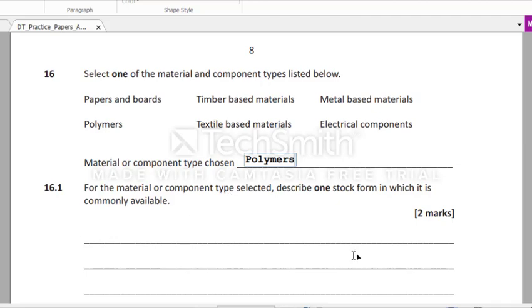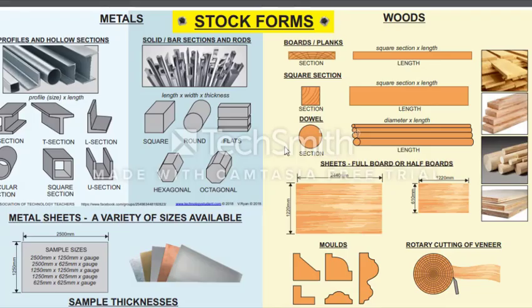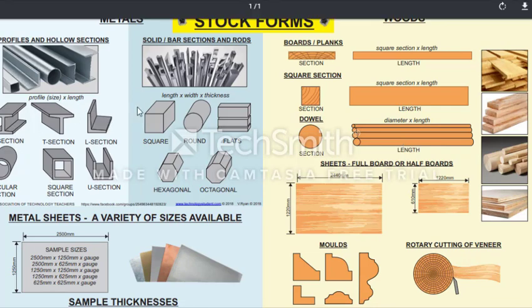Okay, so let's have a look at it. I think the best way to describe it, before we start, is to look at the different types of stock forms for plastics. A stock form is the type of shape that a material comes in. For example, for metals you have different types of sections, different types of rods and bars.